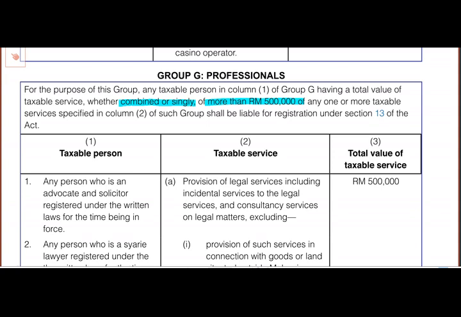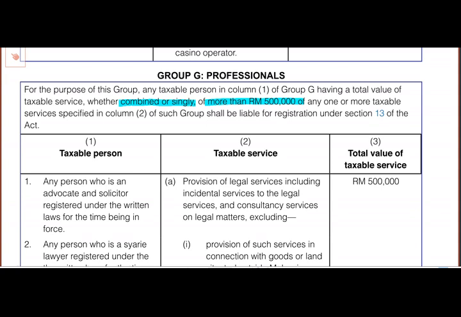That means if I offer accounting service and I offer legal service, because accounting and legal are actually under different categories, when it comes to calculating threshold, they are all together. I will not say accountant one side, then the legal service one side, and then you separate. No, they are all measured together.